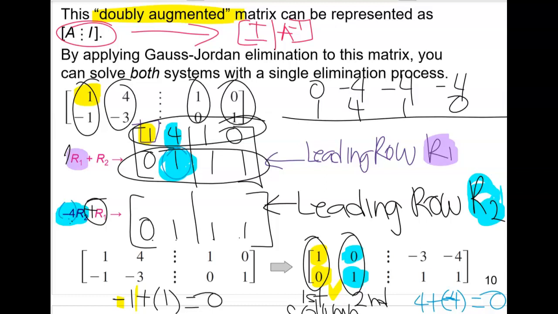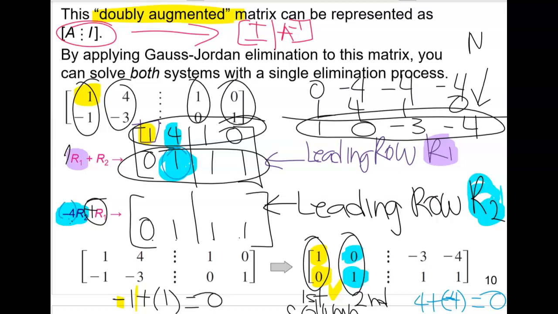And if we add those two, we will get 1, 0, -3, and then -4. So this one here is my new row 1. That we're going to write down here, 1, 0, -3, and -4.